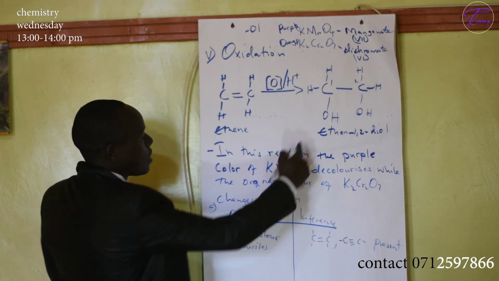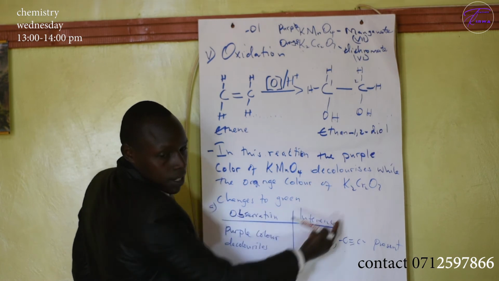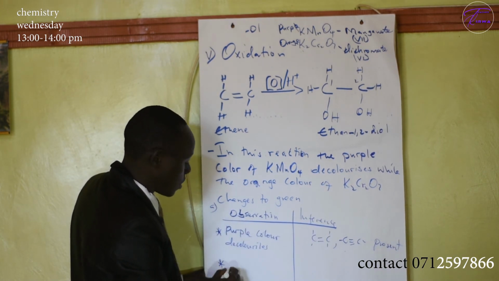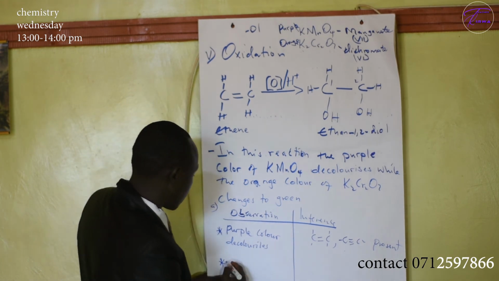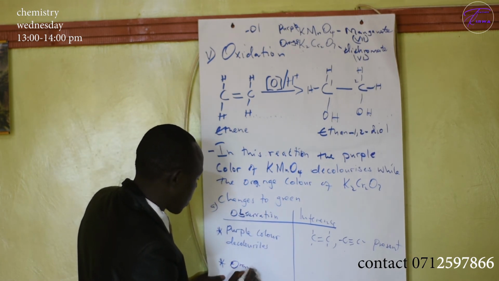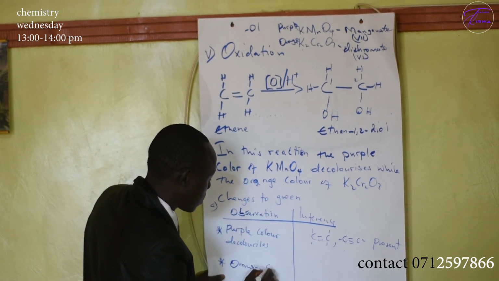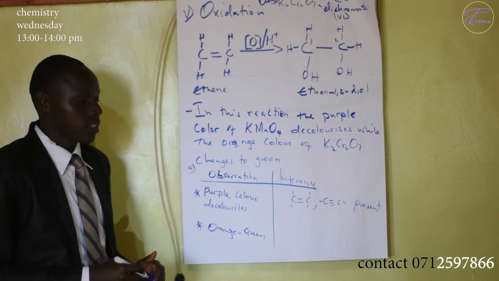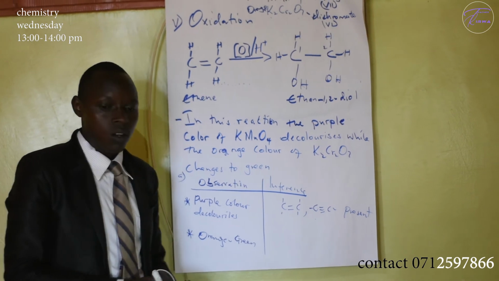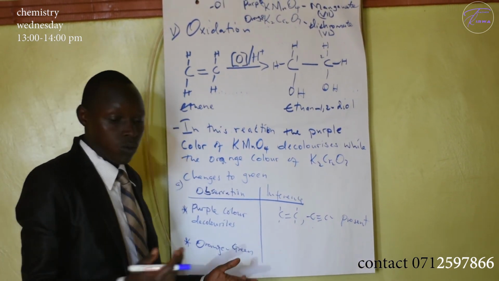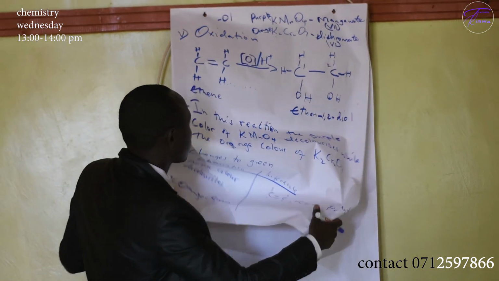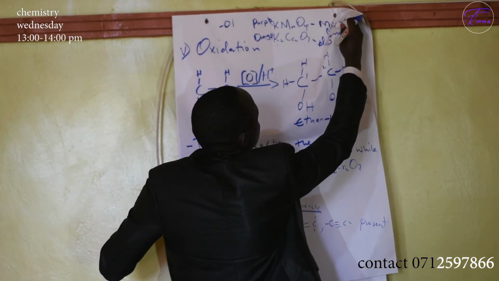Otherwise, if it is potassium dichromate(VI), then you say orange color changes to green. Okay, the same inference. So that is what you do for paper 3 for those who have already done it. That one is an oxidation reaction.